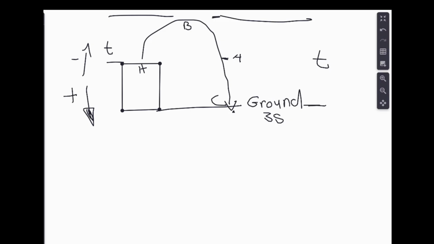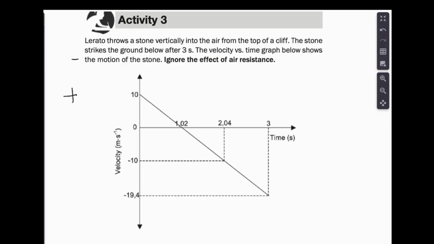Now, the way the graph is shown to you should give you all the information that you would need if follow-up questions were to come from this. Okay, let's say how long the stone took to fall from the height of the cliff to the ground.